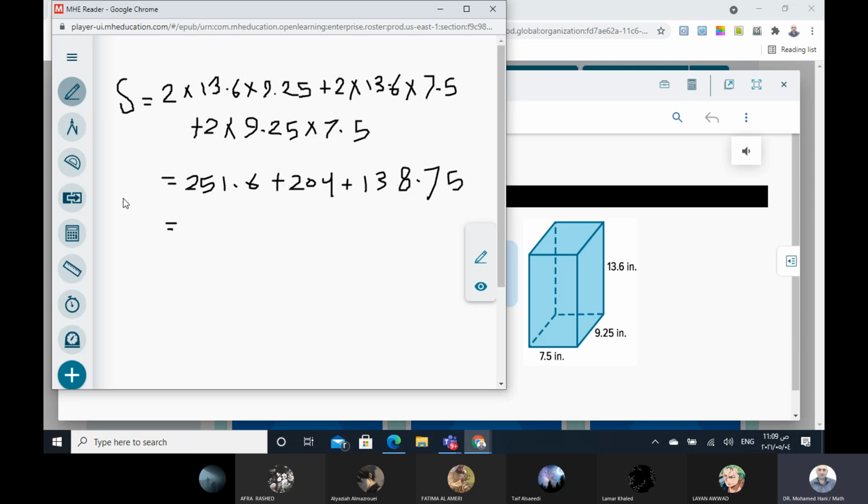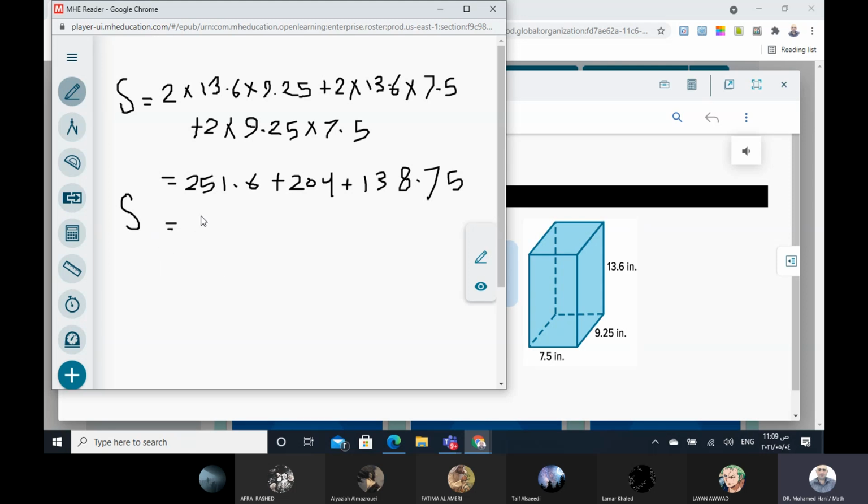Now we can add to get the total. Here we have 251.6 plus 204 plus 138.75.